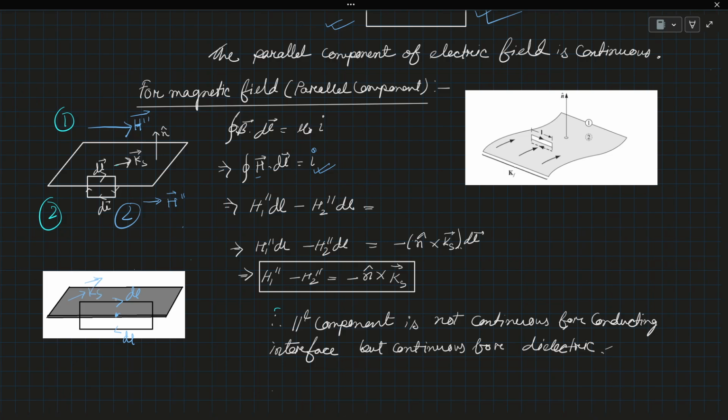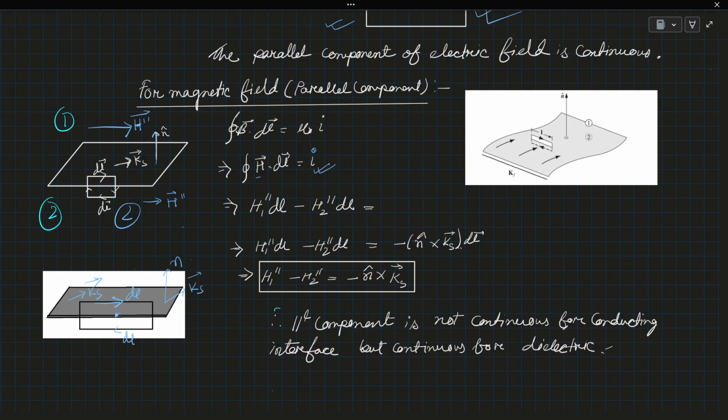This is Ks. In order to find the current which is perpendicular to this loop, this is n cap, and this n cap represents the direction perpendicular to the surface. And this is Ks, and this is dl.